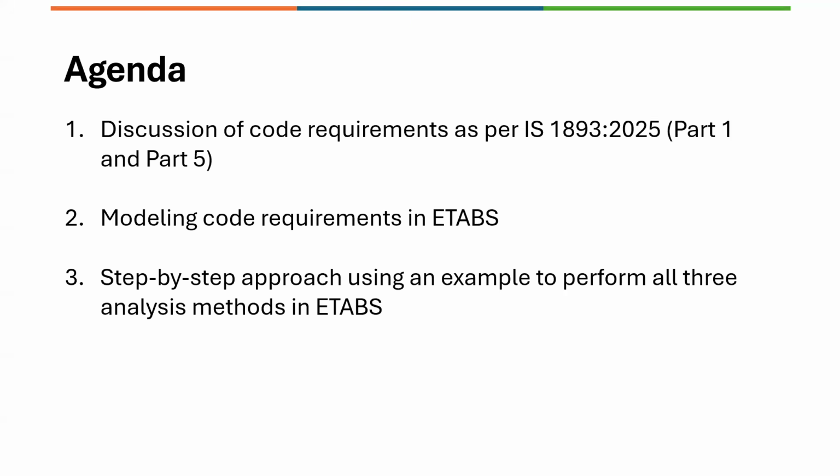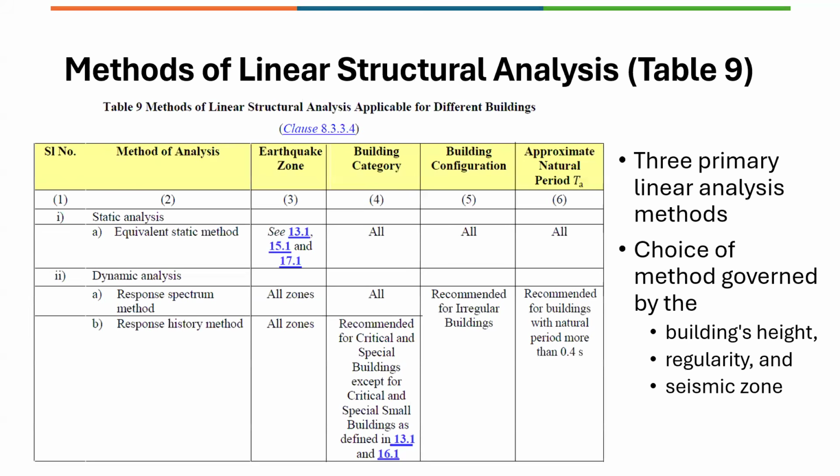Let us start with the methods of linear structure analysis as per table 9 of part 5. Right. So they are given a precise table where you can reference and decide on the method of analysis that we are going to use for the project.